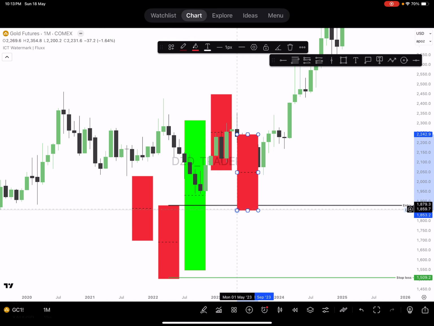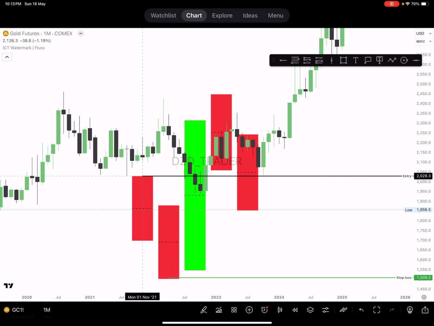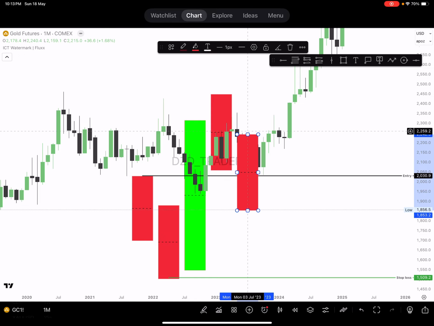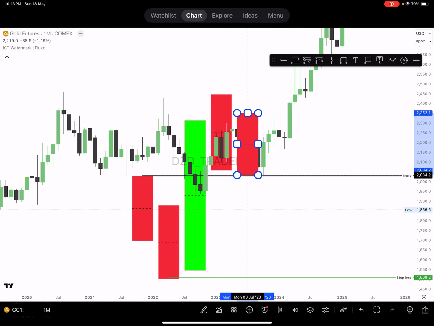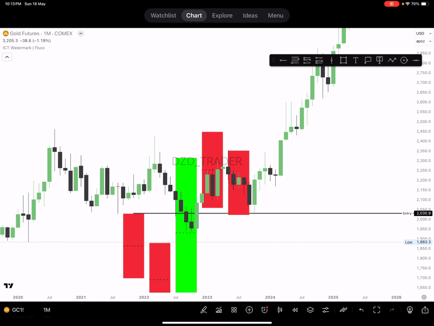Sometimes it may trade through the wicks, but we need to be careful that it trades through this high. Another factor is that the high of this candle, since it is a down candle, can also be treated as an entry point that price will come back to.